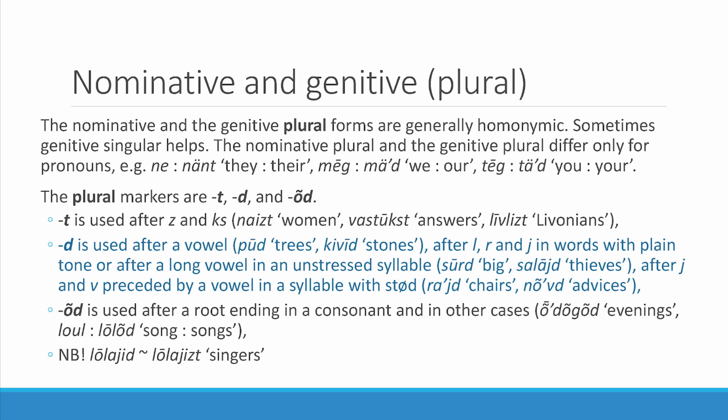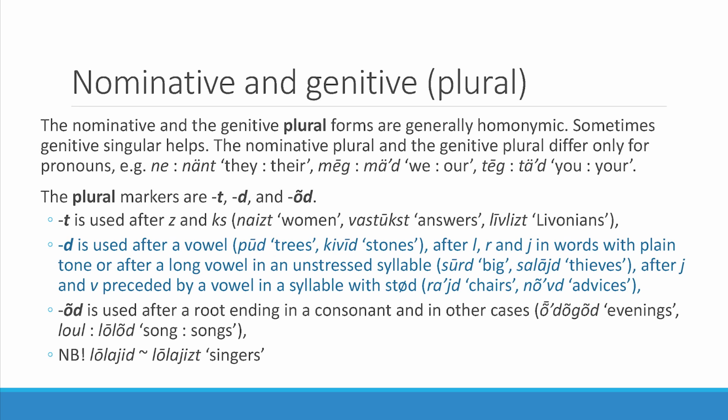The nominative plural and genitive plural differ in the pronouns, for example. So it's they and their, ne, but nant. So here, meg and mad, we but our, teg and that, you but your.